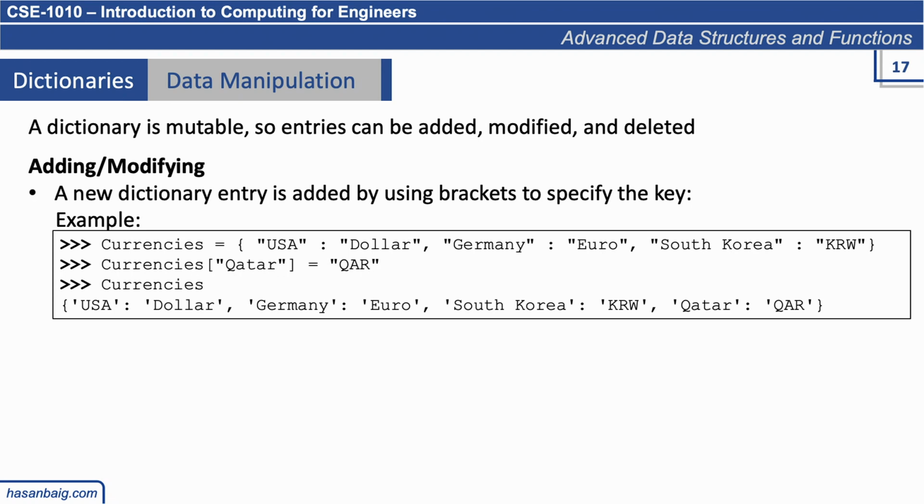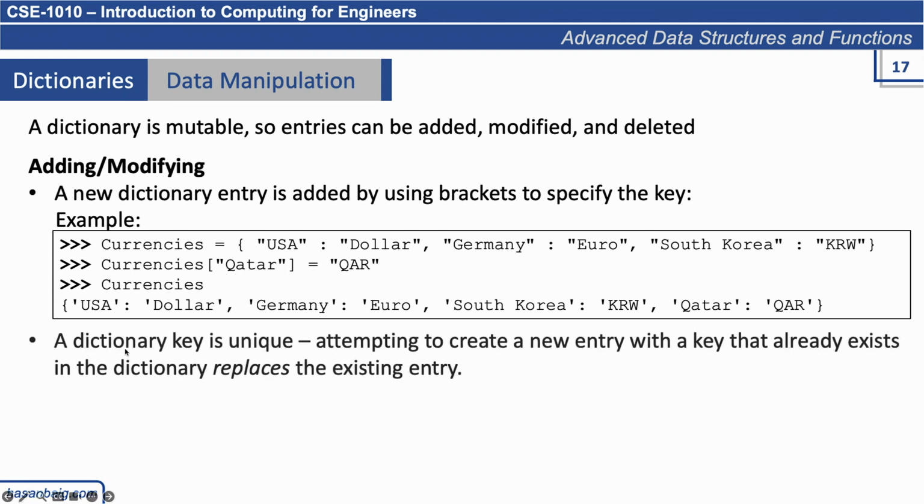You might think it would throw an error because USA is already there. But actually, if some key is already there, it overwrites the previously written value. So it's a way of modifying the existing key, modifying the value associated with a specific key.